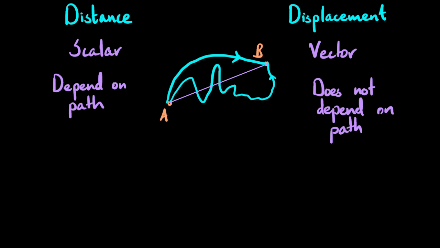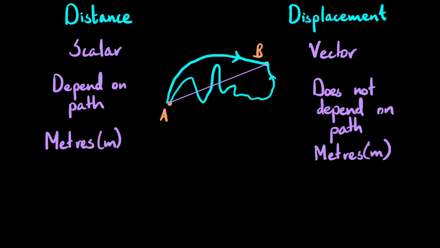So displacement does not depend on the path, but distance does. Now one similarity between them is that both of these are measured in meters. Both will have the SI units of meters. These are one of the only similarities because both of these are types of lengths.